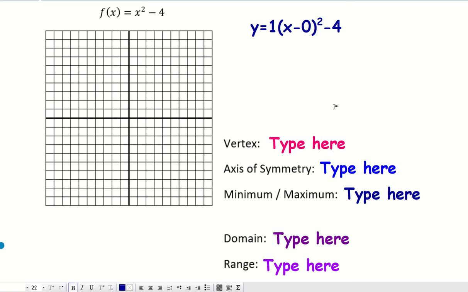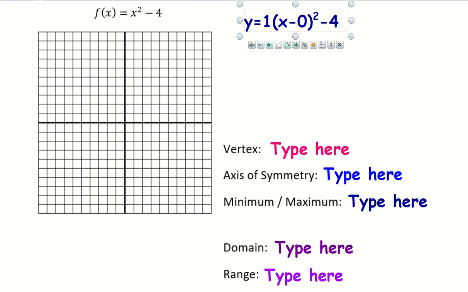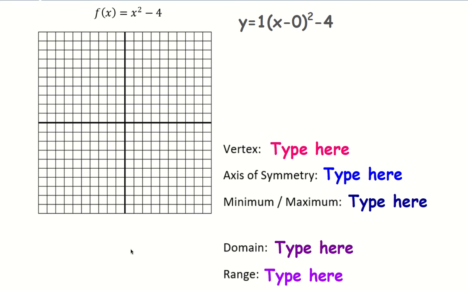You could basically rewrite this if you wanted to make it look exactly like vertex form, with the 1 actually written, you know what I mean? And this minus 0 actually written. But hopefully looking at this pretty much proves it to you that this is actually in vertex form.